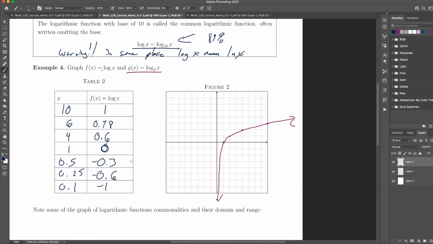So we have this, and let's go ahead and graph that. It still goes through this point, but here it doesn't hit 1 until we're out to 10. So this is 8, 9, 10, so it's something way over here. At 4, it's like 0.6, and then at 6, it's like 0.78.